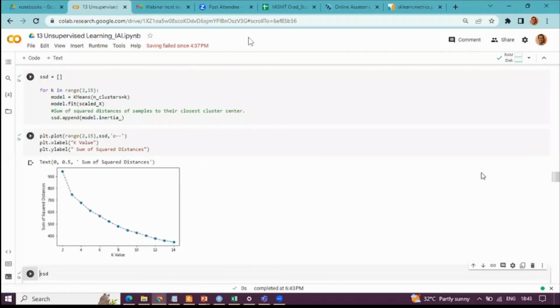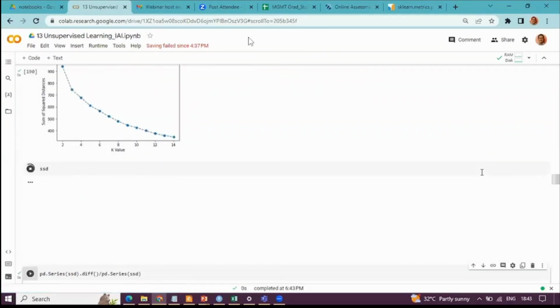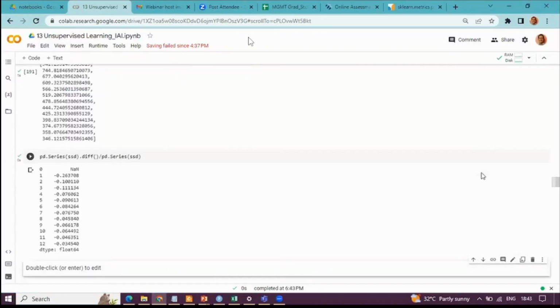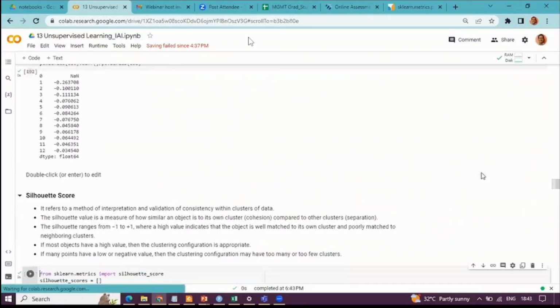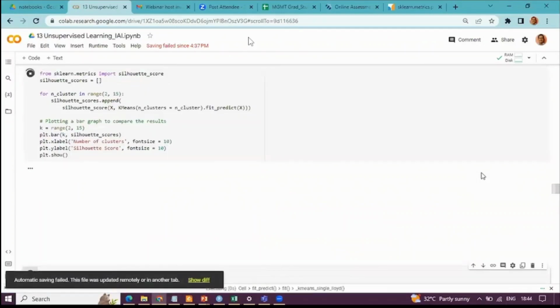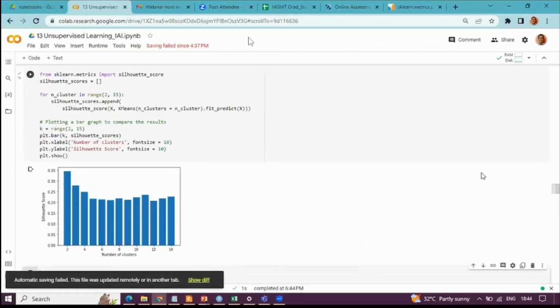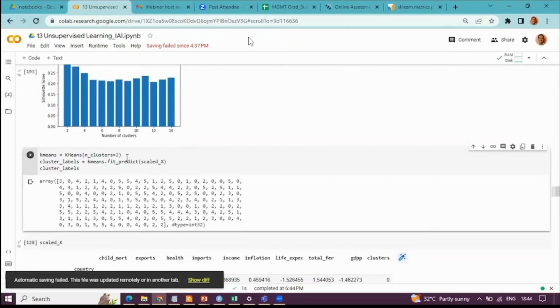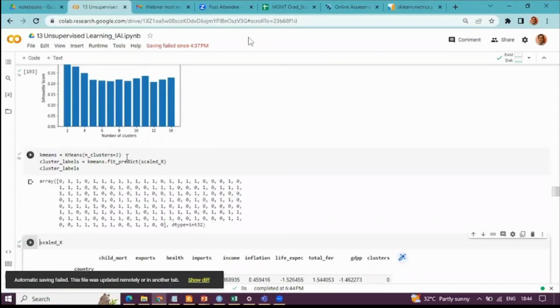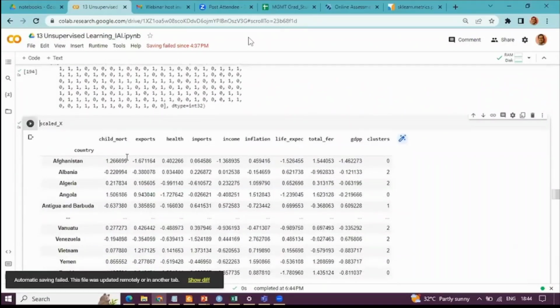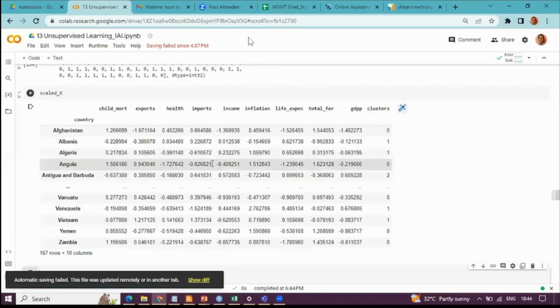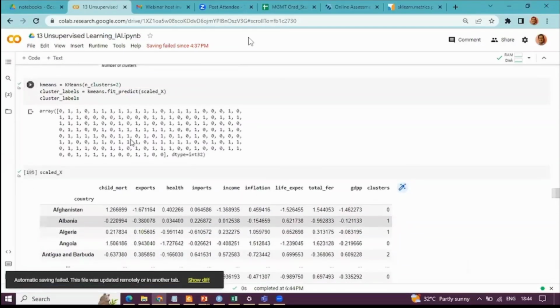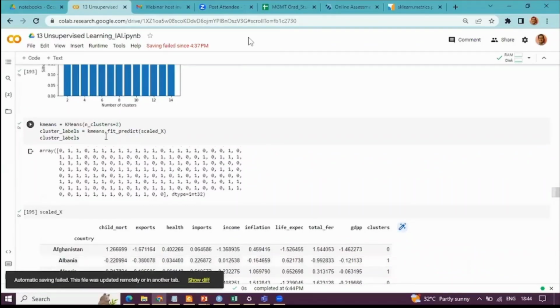Right. So these things we have already computed. Even the Silhouette score has confirmed that a two cluster solution is much better compared to the other clusters. So probably we'll go with the two cluster solution itself. When I'm going with a two clustered solution, you would clearly see, okay, we should fit the cluster labels.